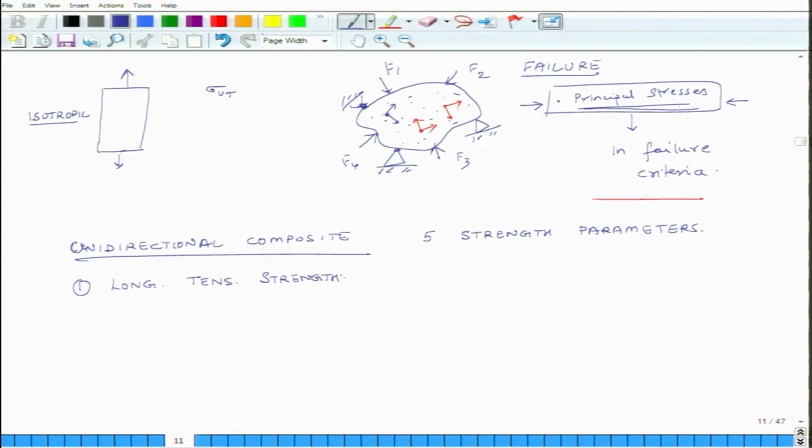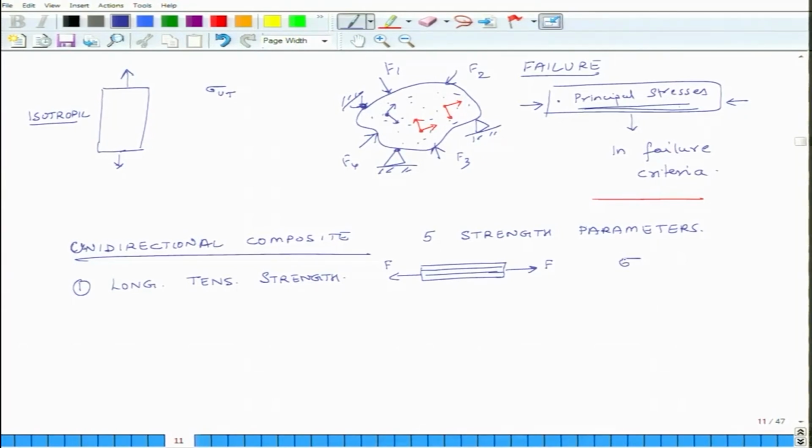How do you calculate it? You have a unidirectional lamina, you take a sample of it, you pull it in tension in such a way that the fibers are aligned with the direction of your tensile stress. So, this is F, okay, and then you keep on pulling it till the thing fails, and the stress at which it fails is called the longitudinal tensile strength.